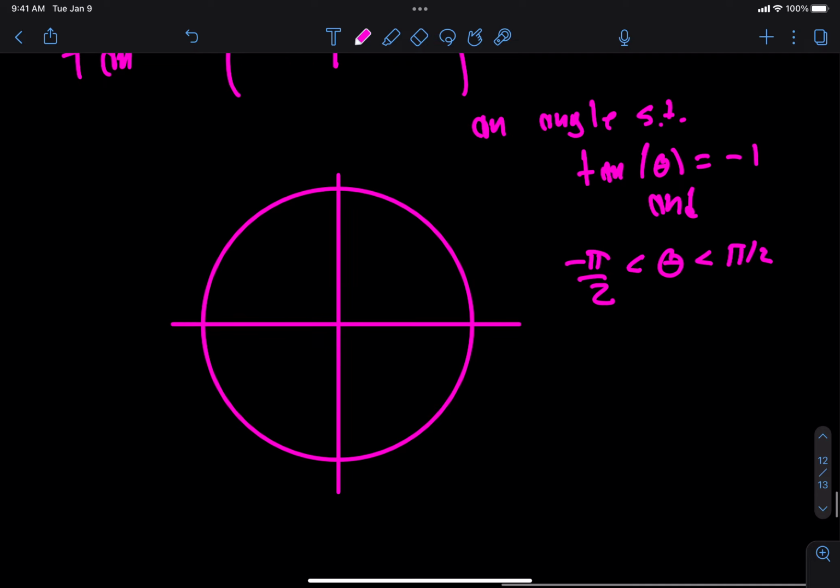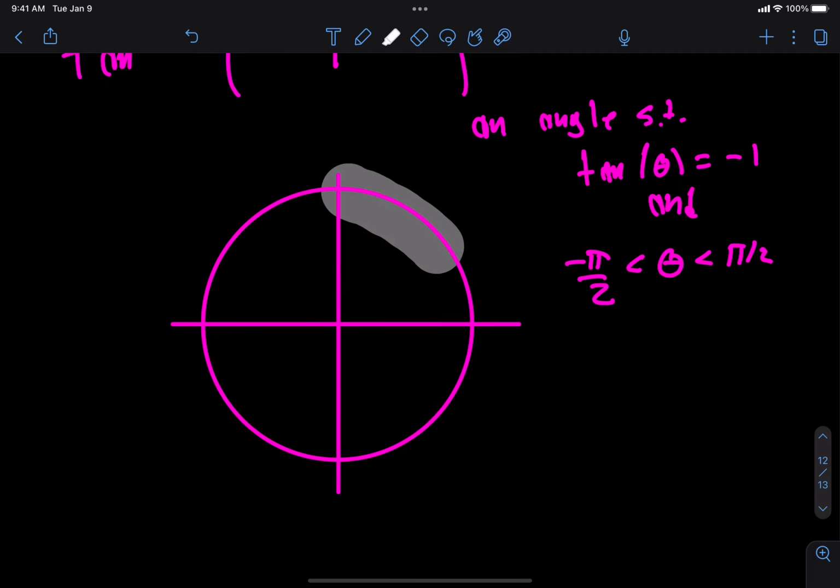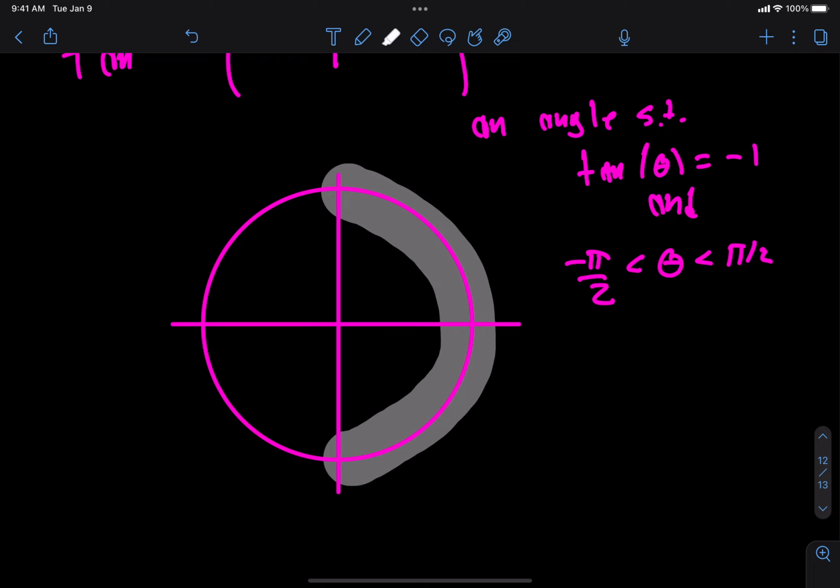So, I'm restricting myself to the right half of the unit circle. What is the point on the right half of the unit circle such that the y value divided by the x value is negative 1? It's going to be the angle negative pi over 4, which is going to point at a point whose x-coordinate is square root 2 over 2 and whose y-coordinate is negative square root 2 over 2. That will be the corresponding point.